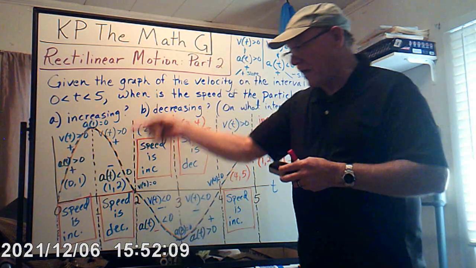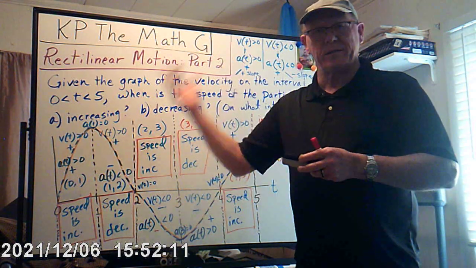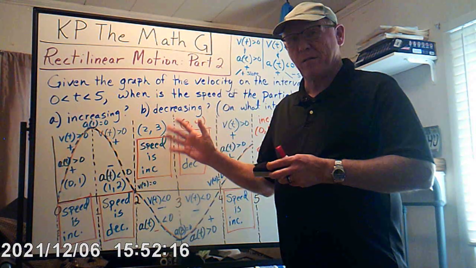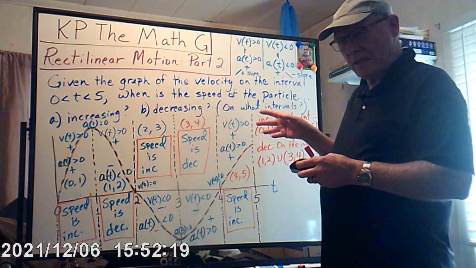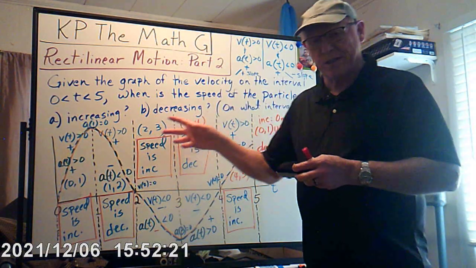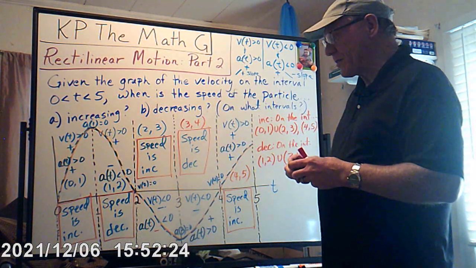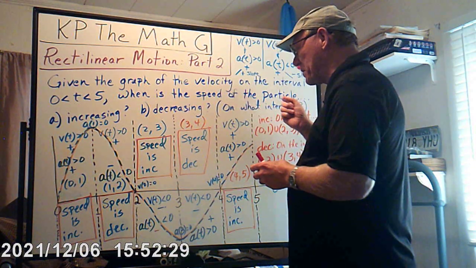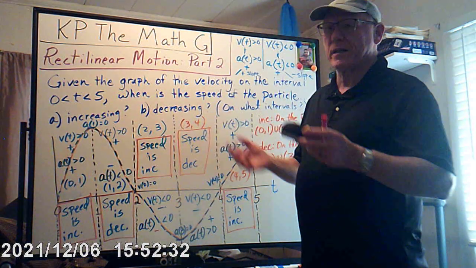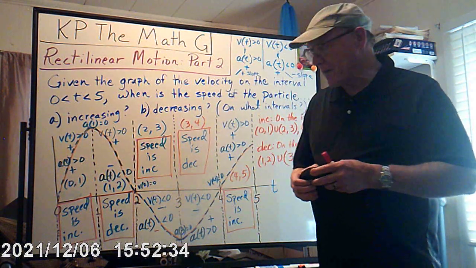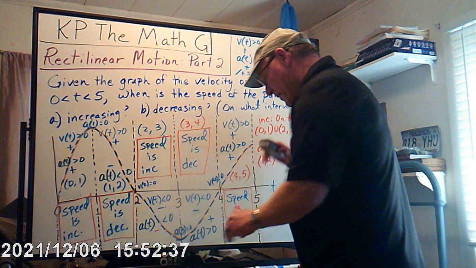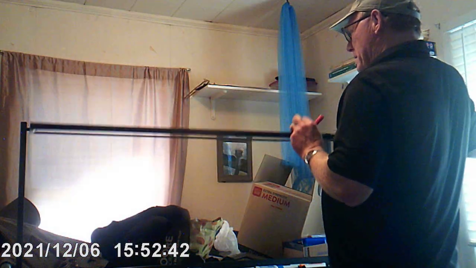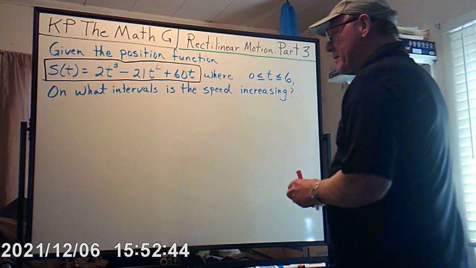We're going to find the velocity and the acceleration by taking the derivatives, and then compare the velocity equation with the acceleration equation to see at what intervals the speed of the particle is increasing. I'll give you a little heads up for the next video if you want to see this.